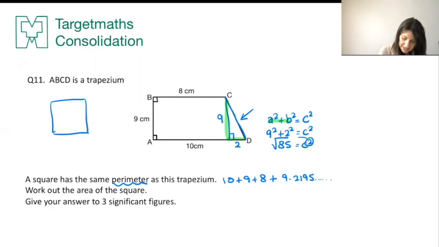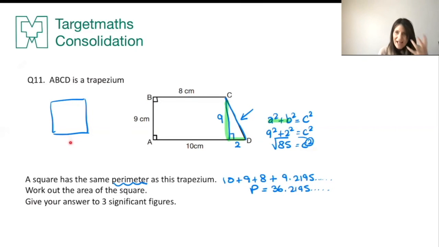I'll add that in and I get a perimeter for the trapezium of 36.21 and on it goes. And remember, we've got to do our best not to be rounding as we go. So what I now know is that the perimeter of both shapes is this value. So when I go back over and take a little look at my square, I ask what am I looking at?